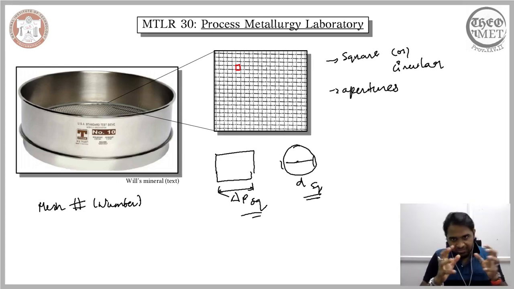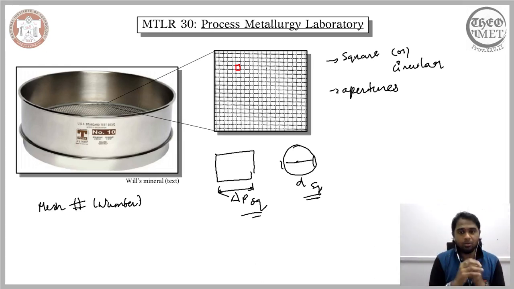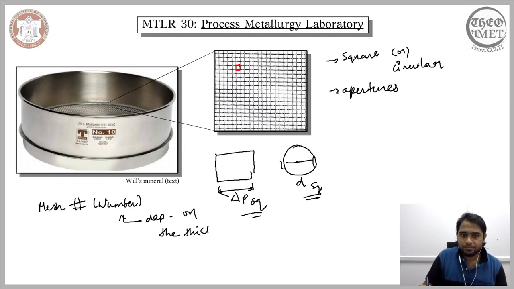Now, even though this appears to be an ideal way of designating a given mesh, the problem cropped up when different materials were being used to construct these meshes, and the thickness of these materials varied. The mesh number is dependent on the thickness of the material used to form the mesh.